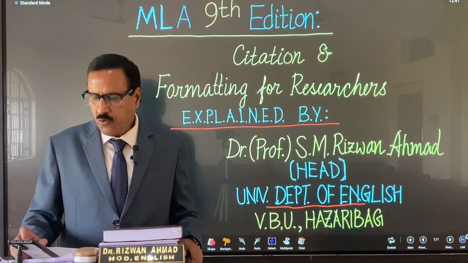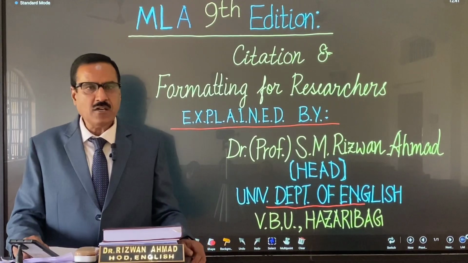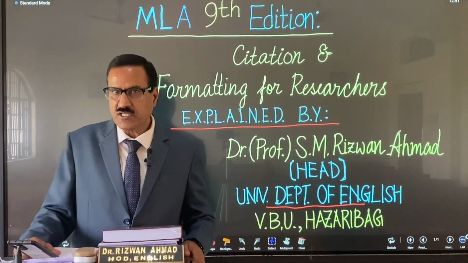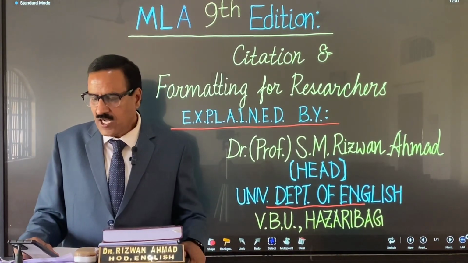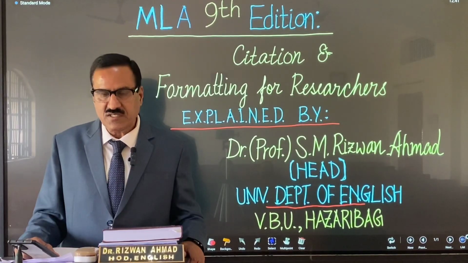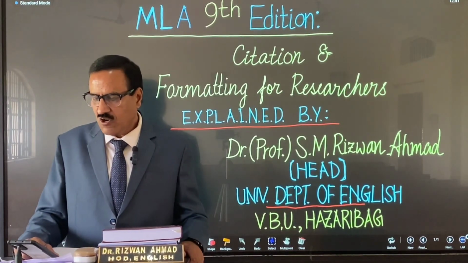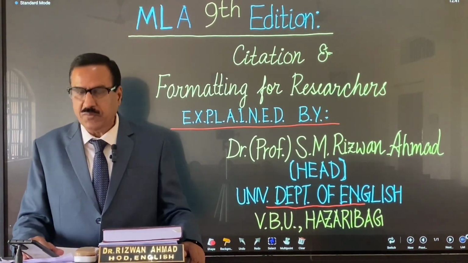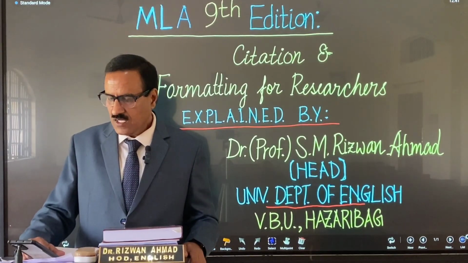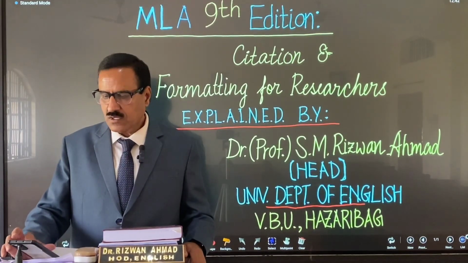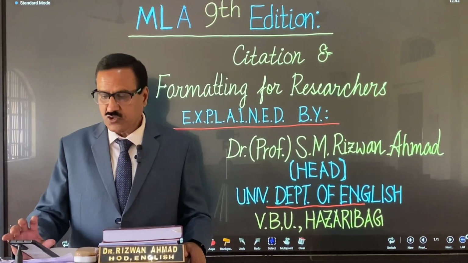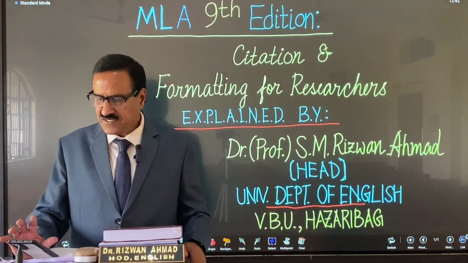Now the number 8 point. Title of other works. How should you mention the title of other works? Larger works that contain sections, chapters, or smaller works within them are typically italicized. Italicized titles: book, magazine, website, play, TV, and movie.